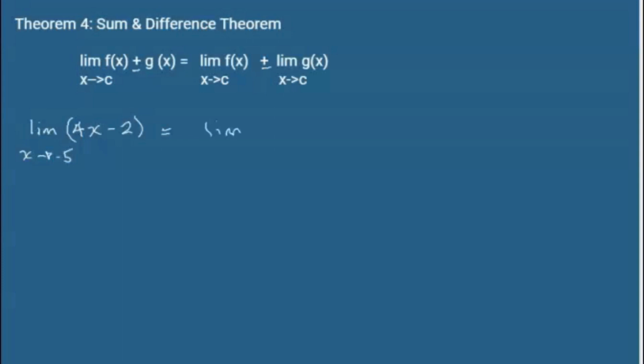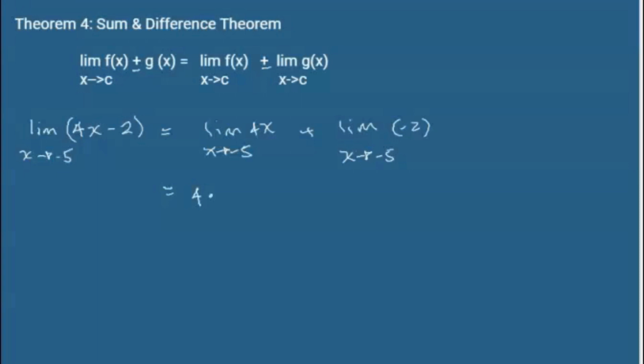So we have the limit of 4x as x approaches negative 5 plus the limit of negative 2 as x approaches negative 5. Okay, and for the first limit, let's apply theorem number 3, the constant multiple theorem.